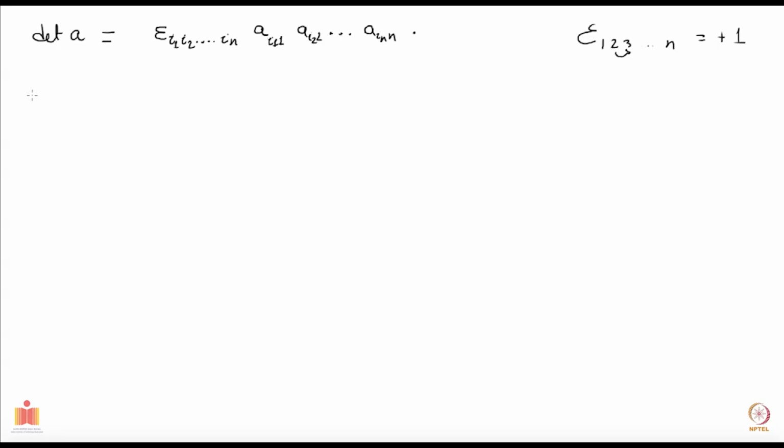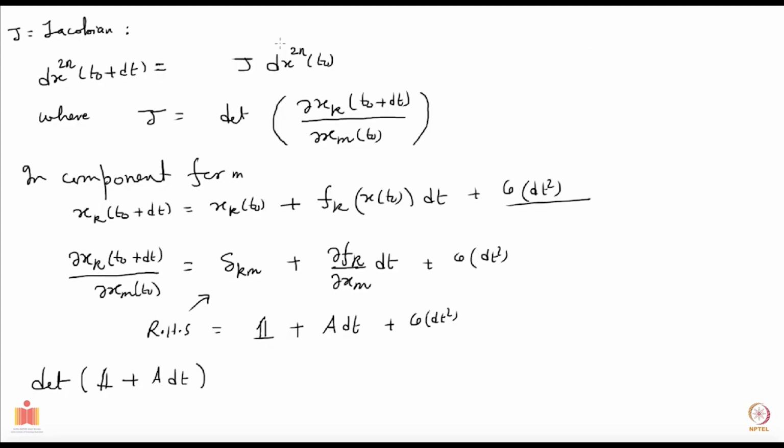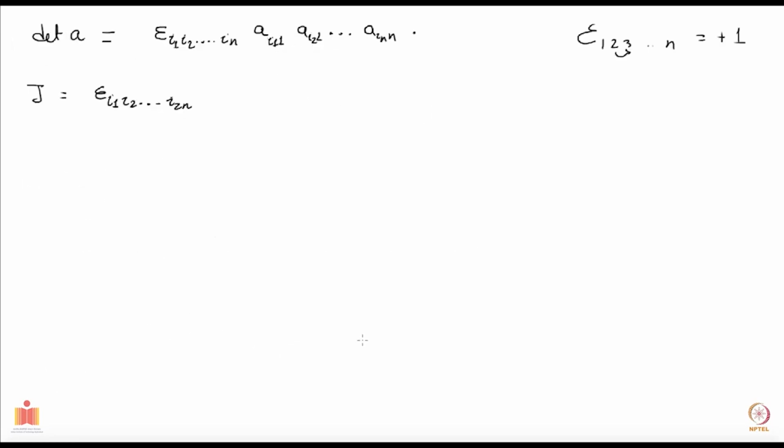So let's see what my Jacobian is now. My J is epsilon_{i1 i2 ...} and it will go up to 2n because you have a 2n cross 2n dimensional matrix. And then here you have your 1 plus A dt, right?